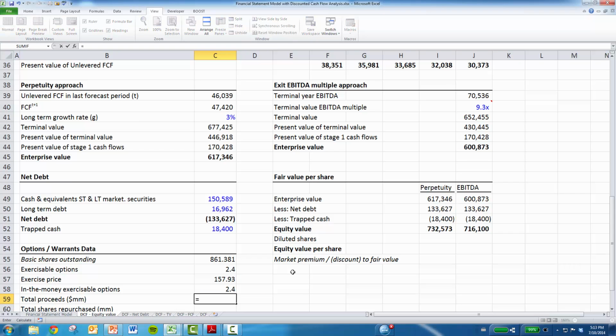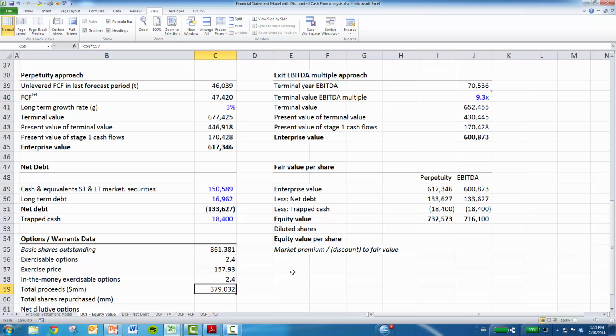So the total proceeds, remember, when we think about options, when someone exercises their options, and we assume for the purposes of calculating diluted shares that the Apple option holders will exercise their options, they would be exercising 2.4 million options at a $157 average exercise price, which would lead to proceeds. In other words, Apple would actually receive $379 million worth of proceeds.